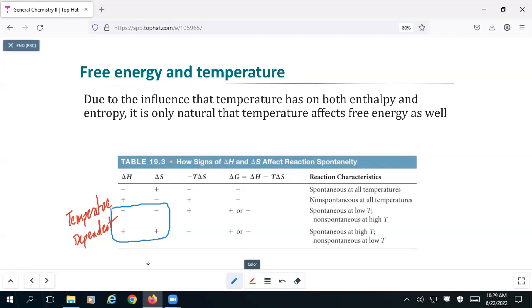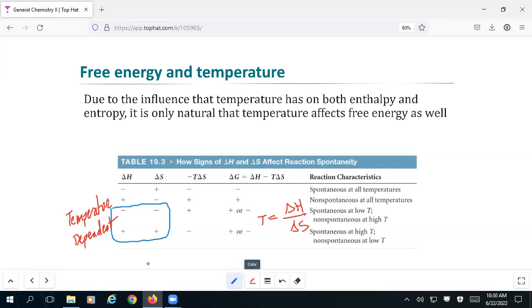And the calculation that does that is temperature is equal to delta H over delta S. So when we do that calculation, delta H over delta S, that tells us the temperature at which the reaction suddenly becomes spontaneous if it's non-spontaneous, or non-spontaneous if it is spontaneous.